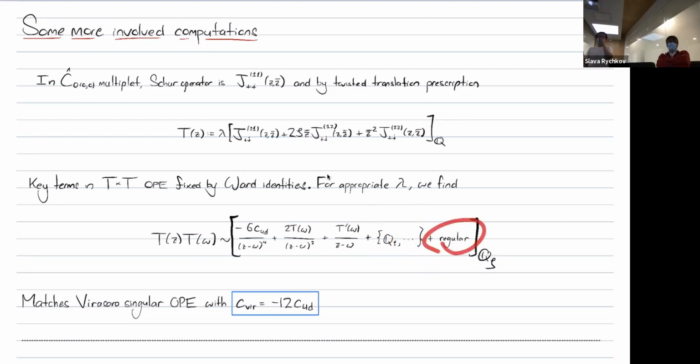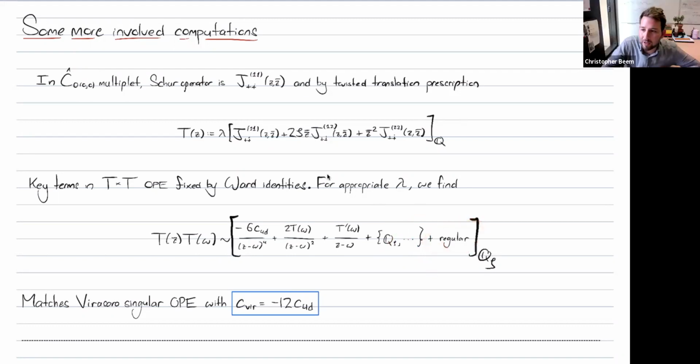And also, even in the free field case, I didn't write out the regular terms. Of course, the OPE doesn't end with singular terms. Regular terms matter. And even in the free field case, if you go to the regular terms, you're going to have things that have non-meromorphic dependence on the positions. But it always appears next to something which is Q of something. Okay, thanks. Now it's all clear.